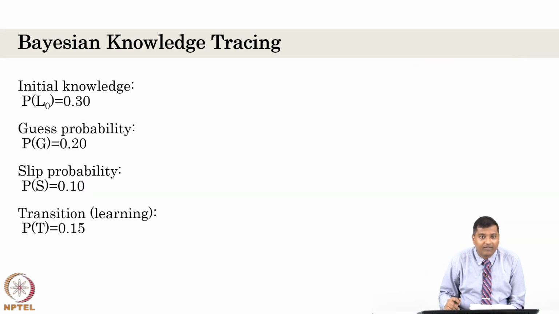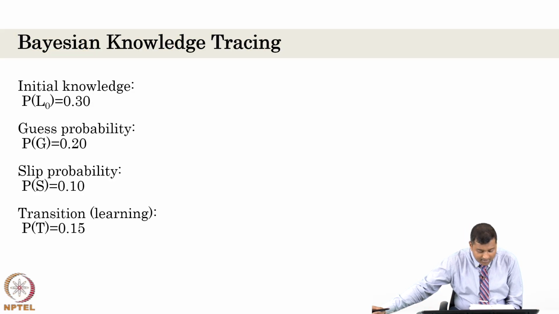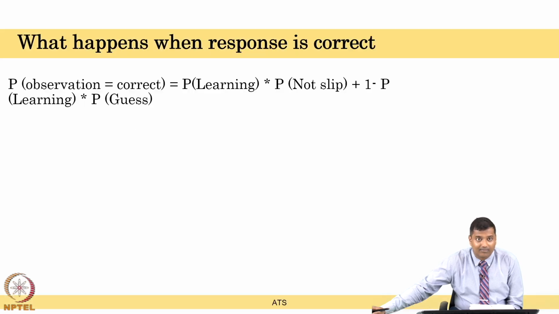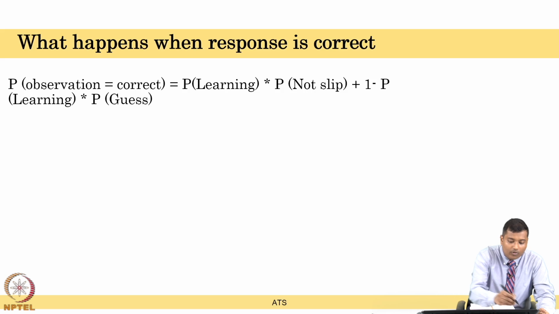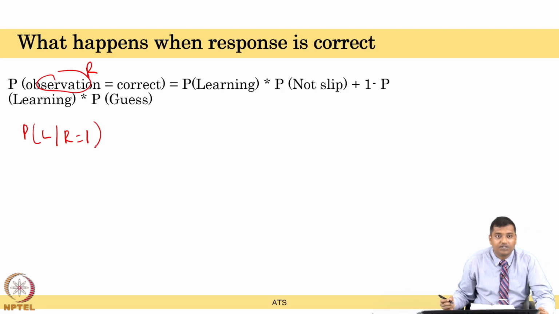Here are the numbers that I have written. Okay, so let's see, based on these different numbers, what's going to happen if a student answers correctly. So we have an observation, which I'm going to name R. So I'm going to see the probability of learner when R is 1, that means the observation, the response that I've put in, is correct.